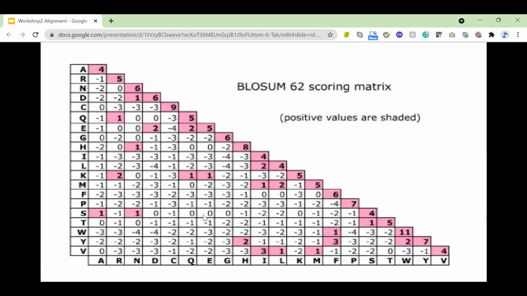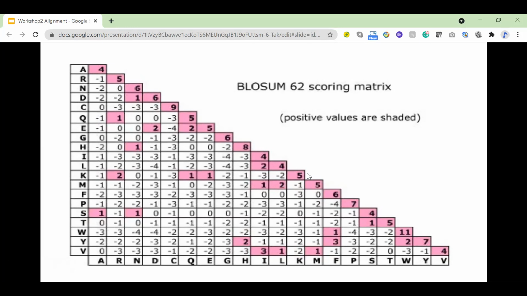And the thing I really want to highlight here is you may notice that even though A is matched with A, the value is 4, and R with R is 5. They're different. So all of the values on this diagonal line are different. It's because, for nucleotides, if ATGC matches with ATGC, that's very straightforward.